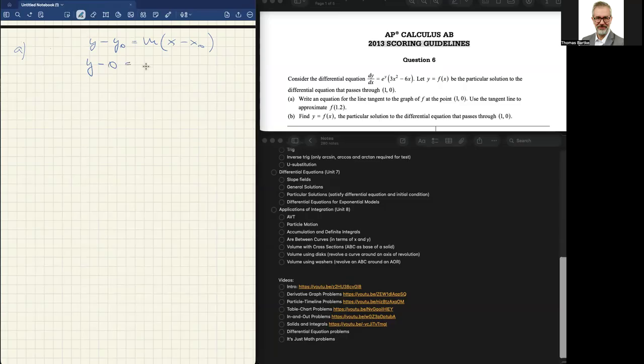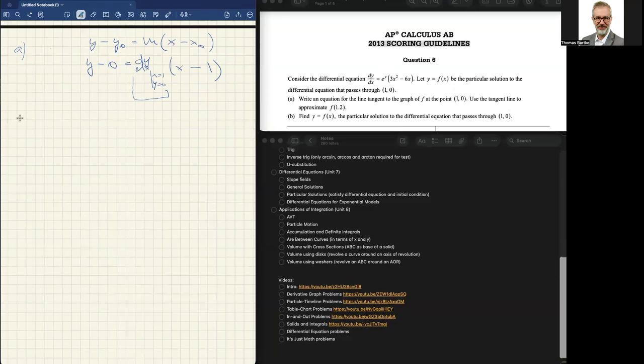And then the slope is dy/dx at x equals 1 and y equals 0, and then x minus the initial x, which is 1. So the only thing we need to find is the slope, and we find it simply by plugging the x and the y of the initial condition into the slope formula that we were given.